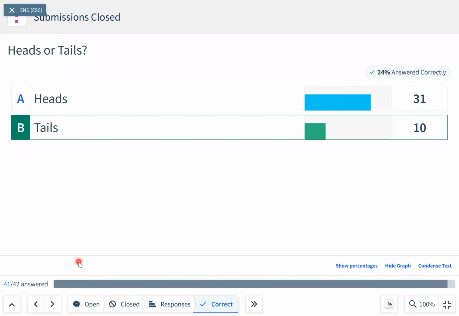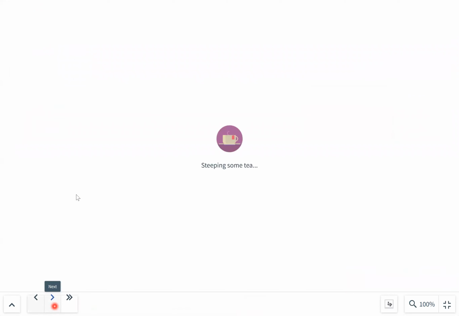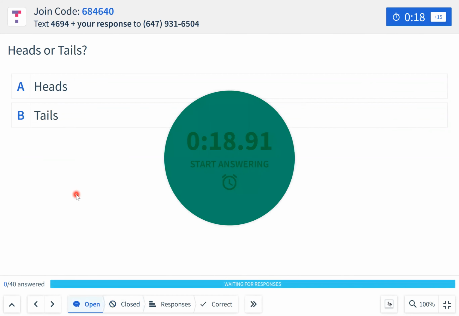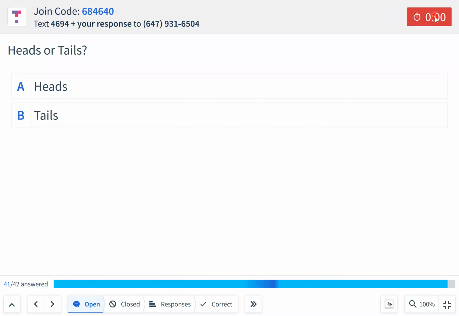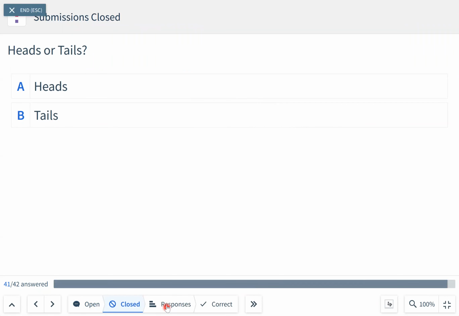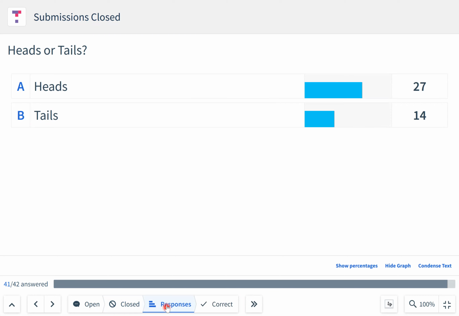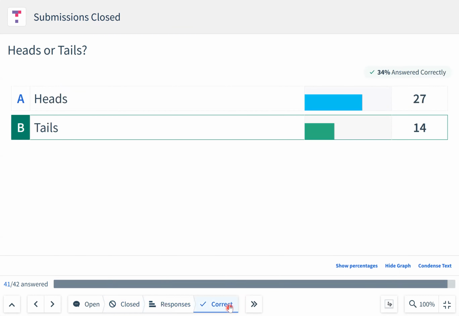All right, let's do the last one. 27 on heads, 14 on tails. Correct answer was tails.